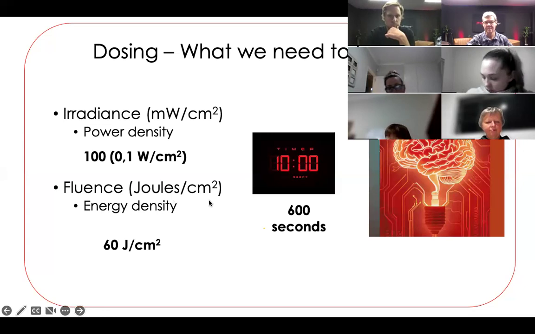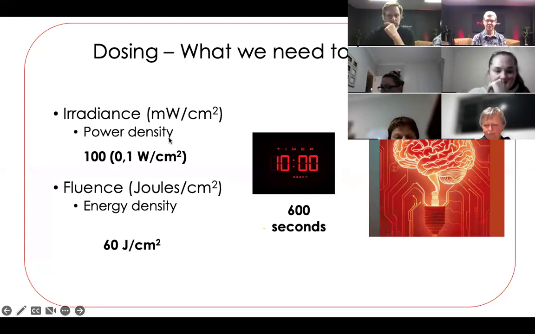And currently, when you read literature, they often quote things in fluence, joules per centimeter squared. But remember, joules per centimeter squared has got to do with the irradiance, and it's got to do with the time. And many of us say, well, you could increase the time and decrease the irradiance, or you could decrease the irradiance and increase the time. So the fluence doesn't really tell us much.